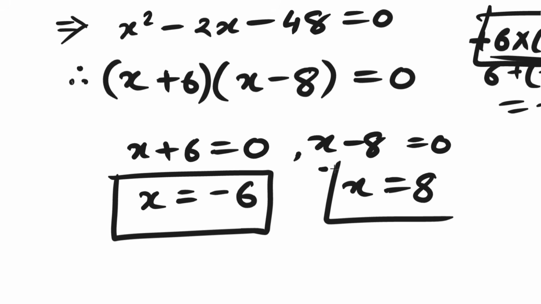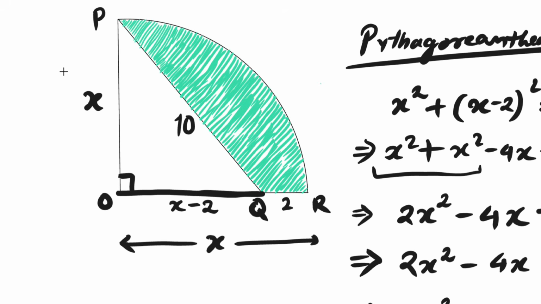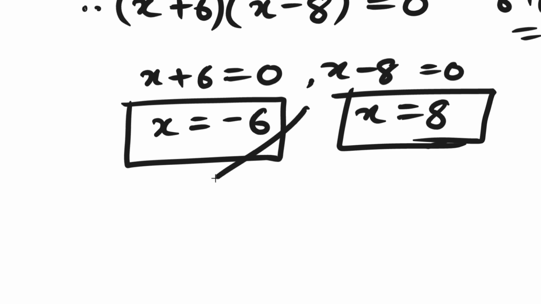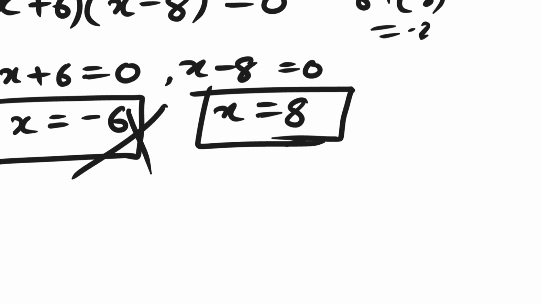Now, let's pause and think about what these solutions mean. x represents a radius. A radius is a length, and lengths cannot be negative. Therefore, x equals negative 6 is not physically possible, so we reject that solution. The only valid solution is x equals 8.